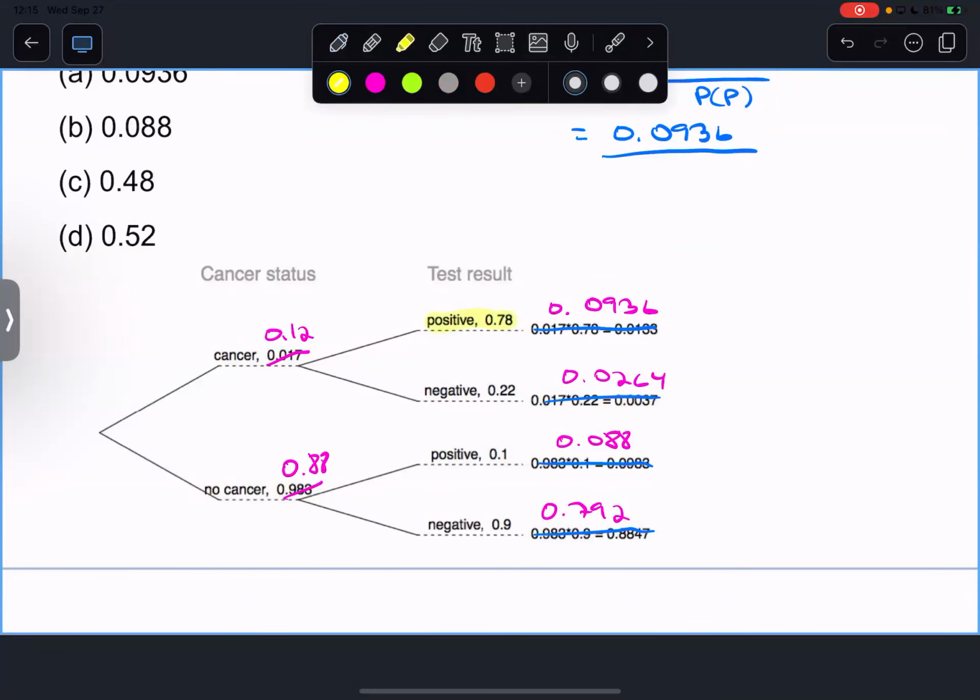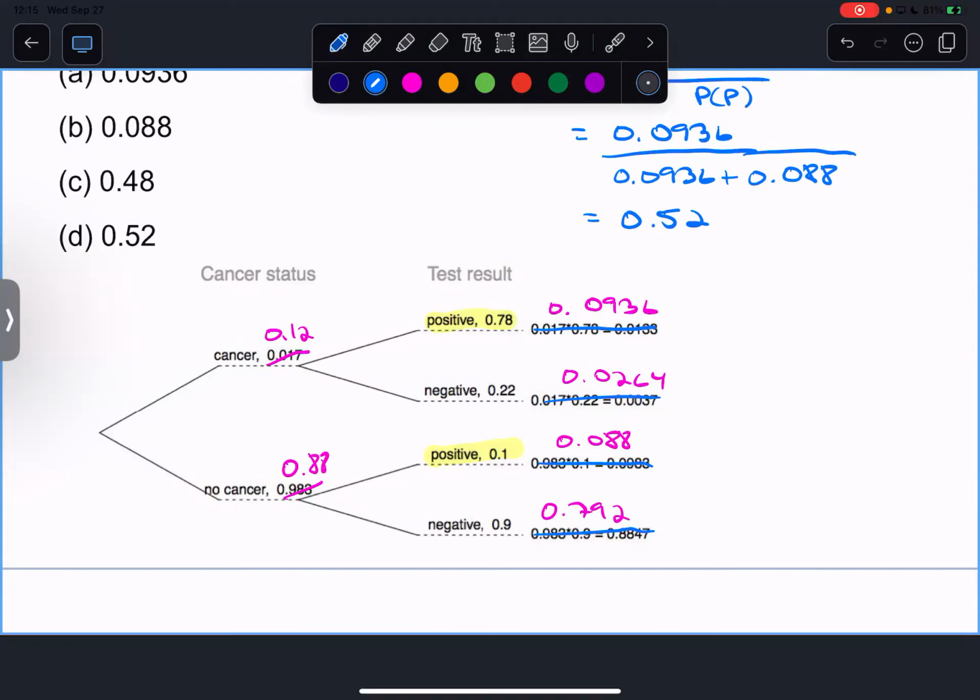Now a positive result is here or here, right? And so in the denominator, what do I have? I have 0.0936 plus 0.088, which is going to go with 0.52 from these notes here.